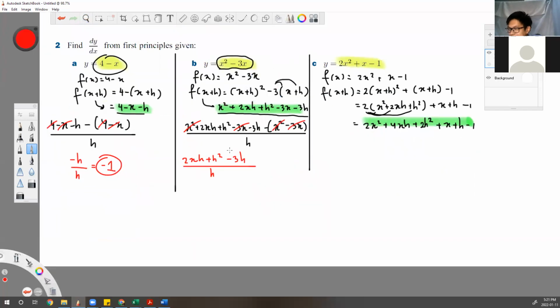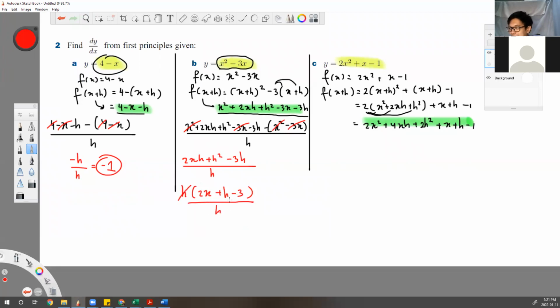And what next? You can get rid of the h out of the upper formula, on the numerator, I mean. h bracket 2x plus h minus 3, divide everything by h, right?